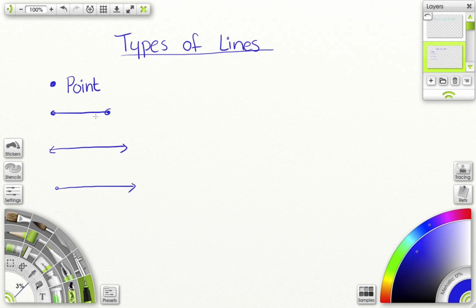So this one right here, if it has a point on both ends and there's a line in between, point, line, point, it's called a line segment, because it's only actually part of a line and not a full line. And there's points on it. Let's say I can label this one A and I'll label this one B. I can call this particular line segment, line segment AB.